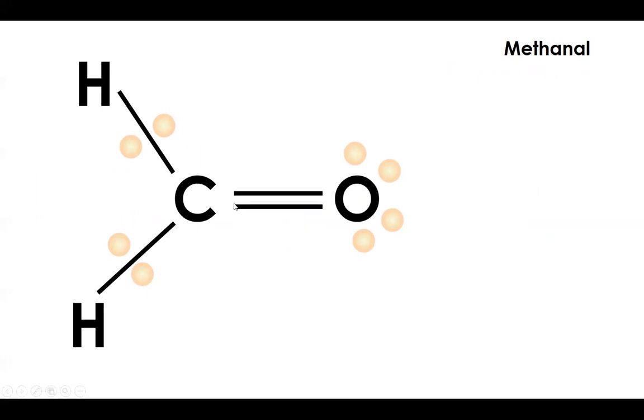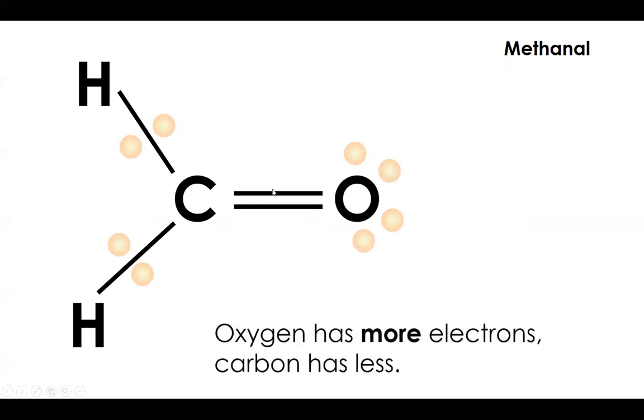So now we've got a double bond. Again, our bonds with hydrogen, we're sharing these, okay? But now, since our other bond is up here in a double bond with oxygen, we now are going to have even less electrons for carbon, even more for oxygen.